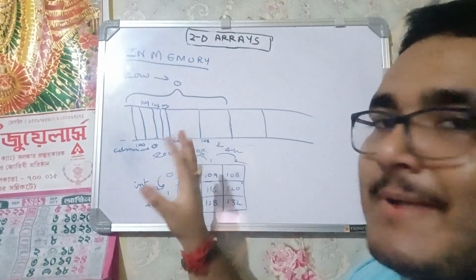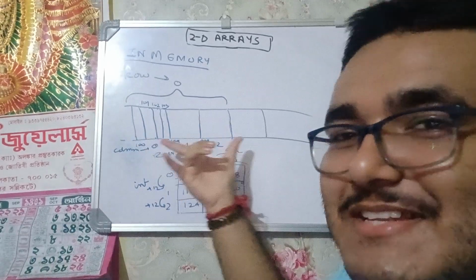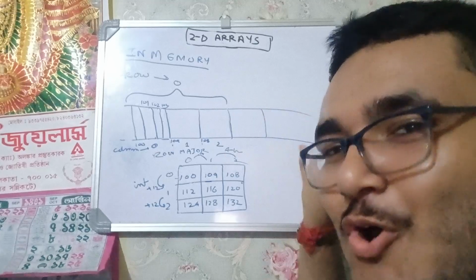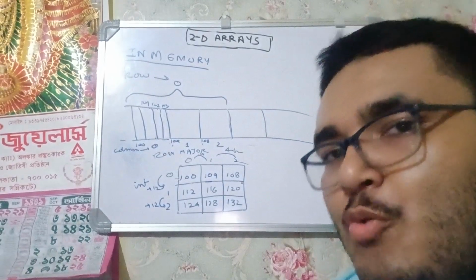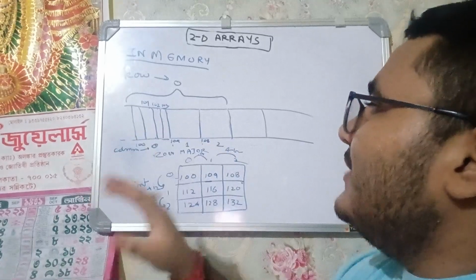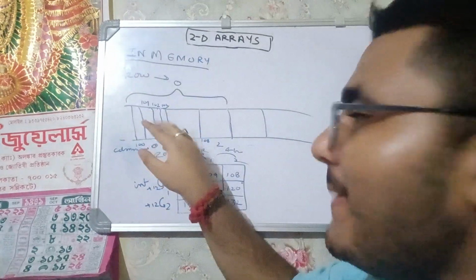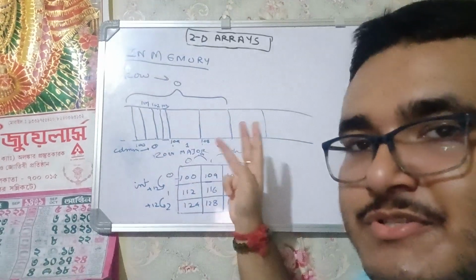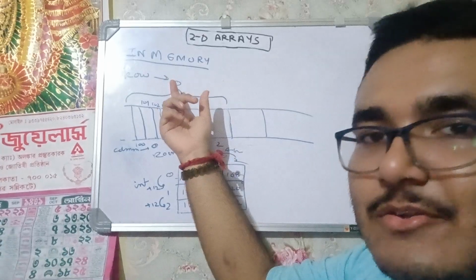Memory doesn't have this 2D structure, it has a long band only. It has to do everything within this long band only. Therefore, it follows two orders, row major and column major. So it will consider as if 3 blocks, each of 4 bytes, is a single row.